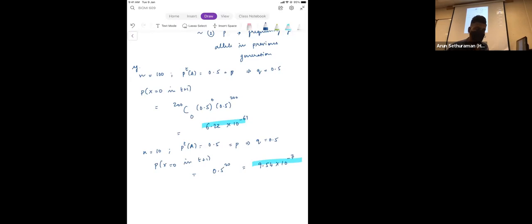So in other words, populations that are much smaller are more likely to be affected by drift. The point I wanted to make here is that smaller population size implies a greater degree of drift, and so a greater chance that some of these alleles would be randomly lost. Okay.